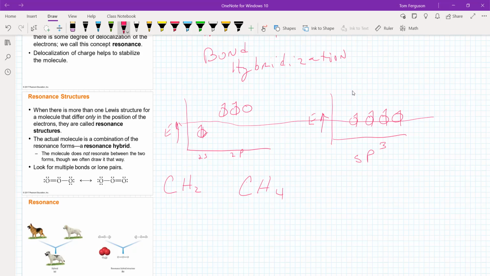Some books will mention this, which is weird, but most of the time they won't. They'll say 2s2, 2p2. But the reason why the bond forms is because of the hybridization. So only after the fact you get this going on.